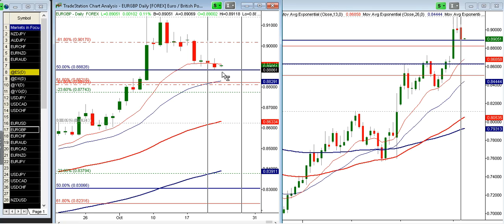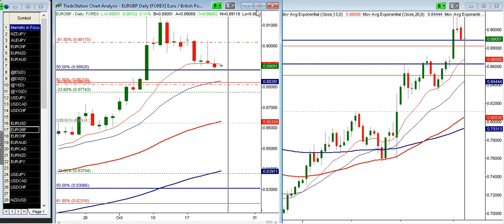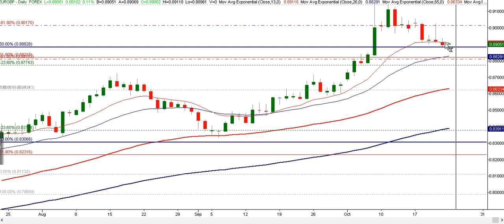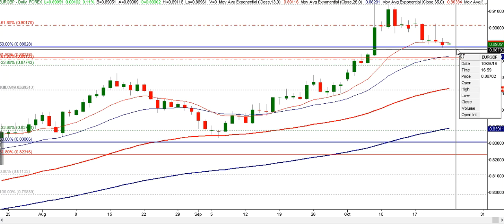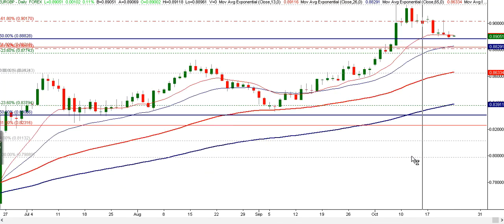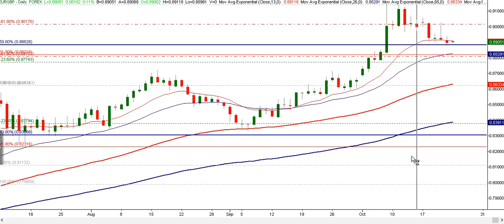As you can see, this market is correcting on top of that extension and on top of the daily dumb money area here, which lines up with the setup that we identified last week, the 88.80 area here. So that's something that we want to keep an eye on.